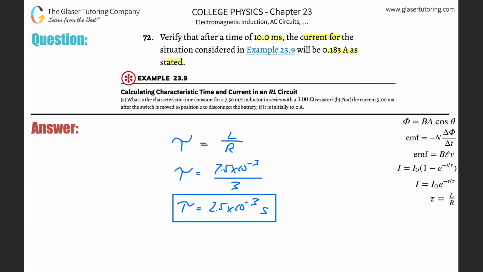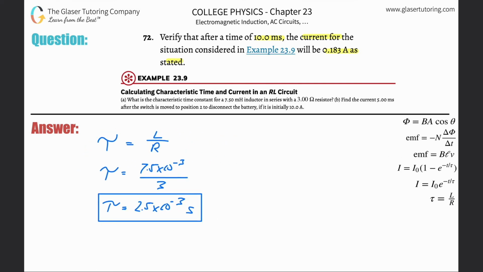Now we can use the decay formula here. This is a type of exponential decay, where we can find the current at some future point in time will equal the initial current, I sub 0, so I'm going to call it I sub I for initial, multiplied by e raised to the negative t divided by tau.